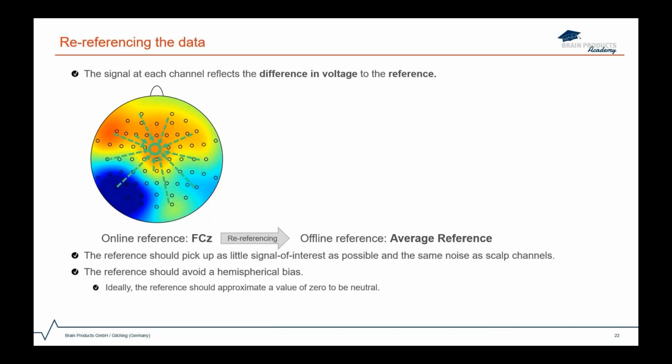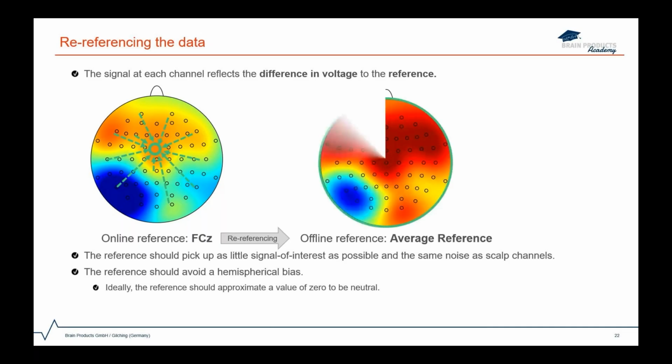So if we switch to the average reference, from our original recording we make an average of all electrodes, and then we reference each one of the electrodes to the average. So we subtract the average from each one of the electrodes.